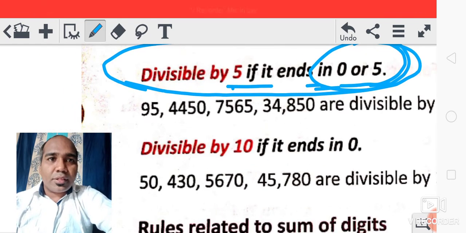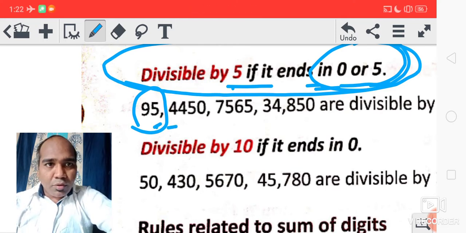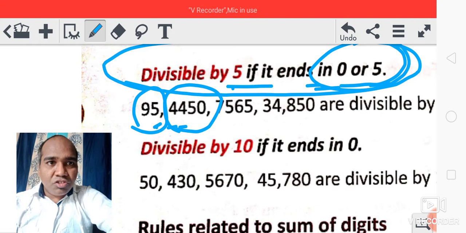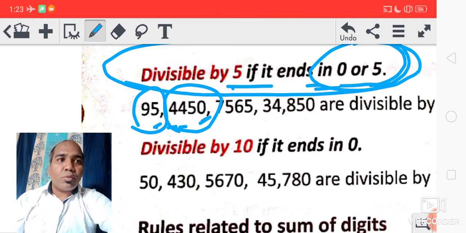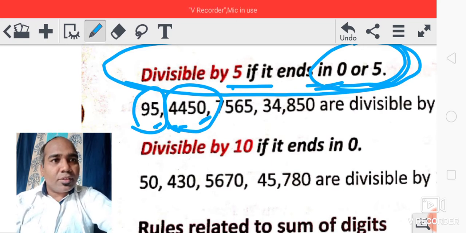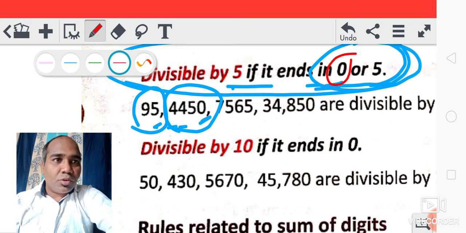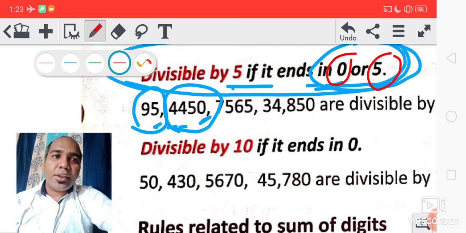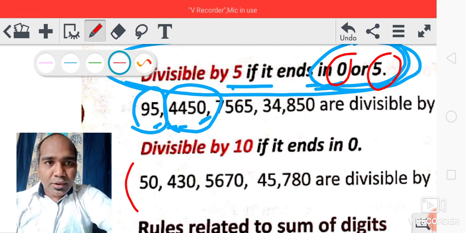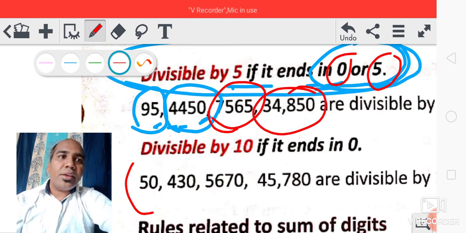Examples are given. 95 ends with 5, so it will be divisible by 5. 4450 ends with 0, so it will be divisible by 5. Because the rule is any number ending with 0 or 5 will be divisible by 5.